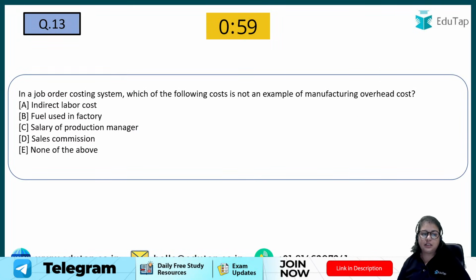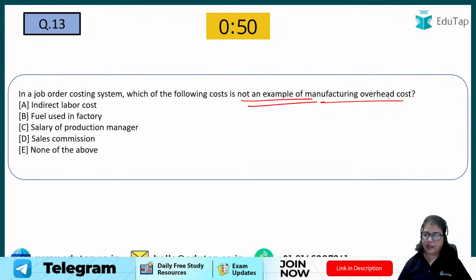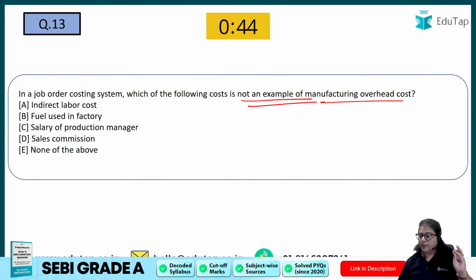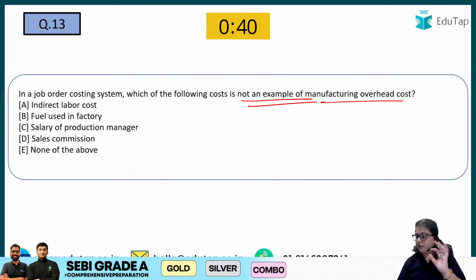Now, question number 13. In a job order costing system, which of the following costs is not an example of manufacturing overhead cost? So I hope you know what manufacturing overhead cost is. All the indirect expenses which are related to production or manufacturing.